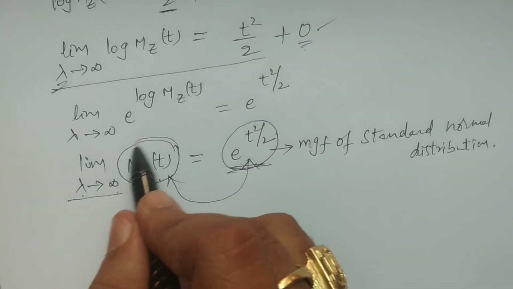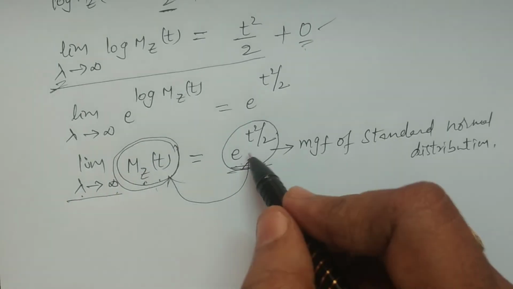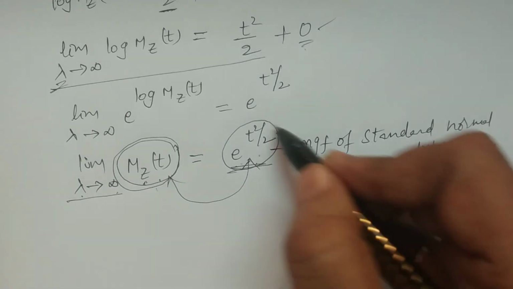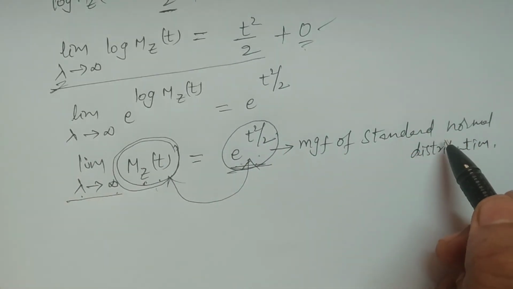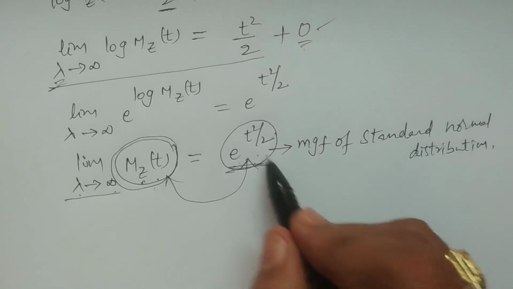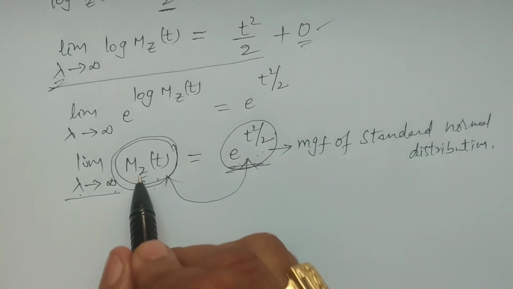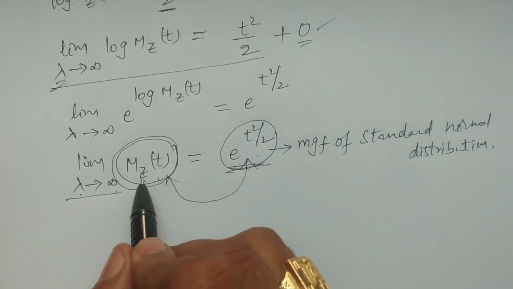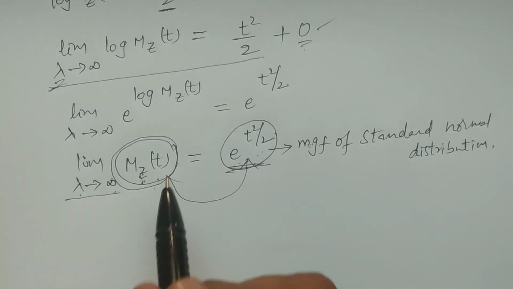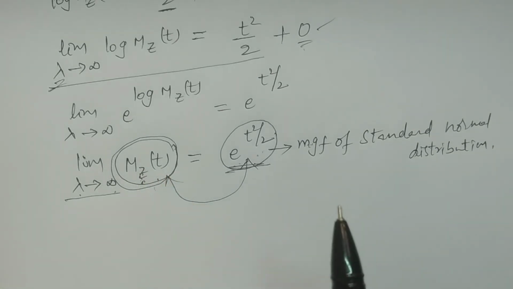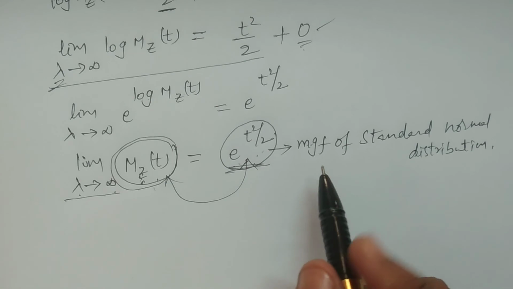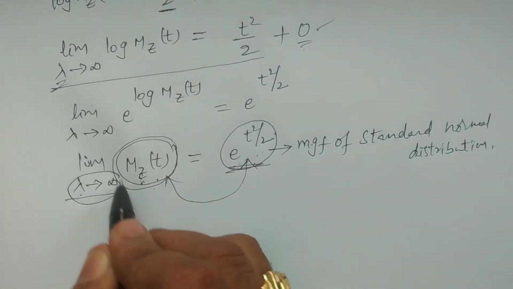That is, the moment generating function of the standard gamma distribution is e power t square by 2, and e power t square by 2 is the moment generating function of the standard normal distribution. Therefore, this becomes the standard normal distribution. What is this? The standard gamma distribution becomes a standard normal distribution under the condition that lambda tends to infinity.